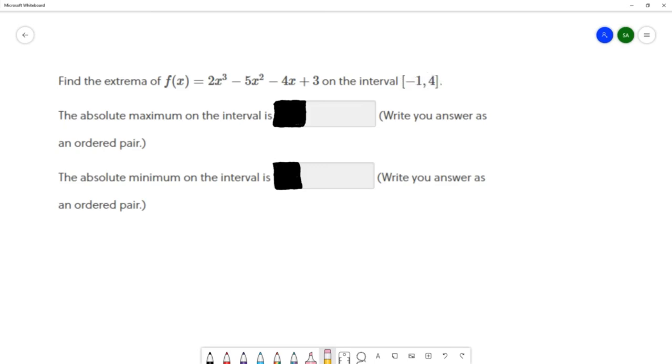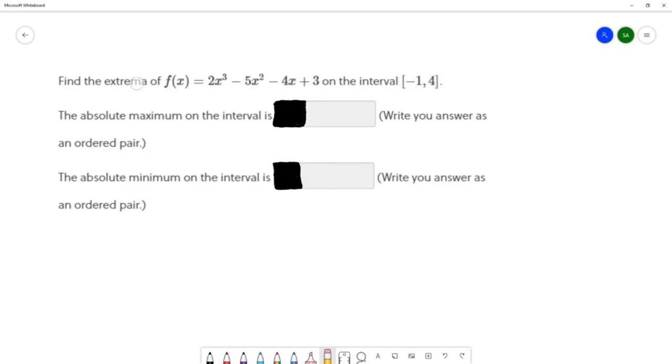And this is different from what we were doing on other problems where we were looking for relative extrema. So when we look for extrema, we're looking for the highest or lowest y value on this interval.